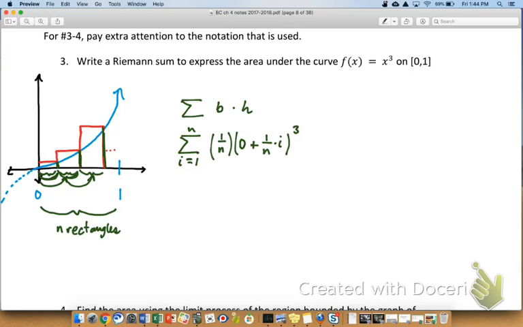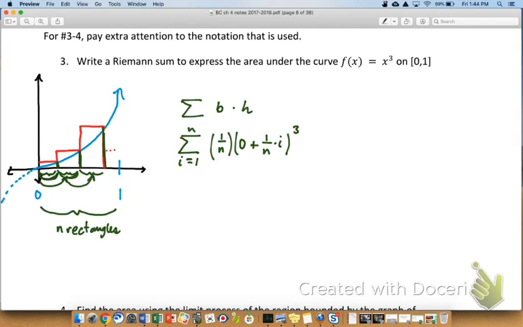Anyways, this right here is the formula for finding the area under this curve using n rectangles, right? So if I wanted to use 10 rectangles, I would set n to be 10, and I would sum up 10 of these terms, and I'd get some number, and I'd say, well, that must be the approximation using 10 right sum rectangles.